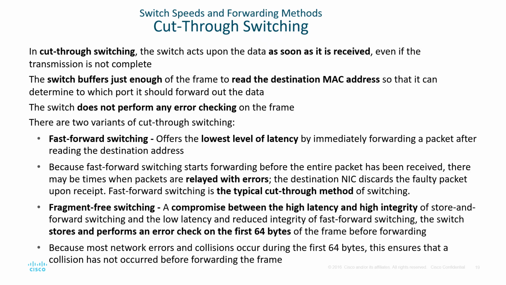There are two different variants of cut-through switching. First one is fast-forward switching. This offers the lowest amount of latency because it immediately forwards a packet after reading the destination address. However, what do we know? It could pass corrupt frames.